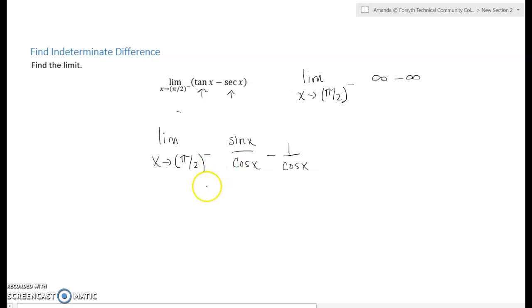And we see here we have the same denominator, so we can combine that into one fraction. We have the limit as x approaches pi over 2 from the left of sine x minus 1 over cosine x.